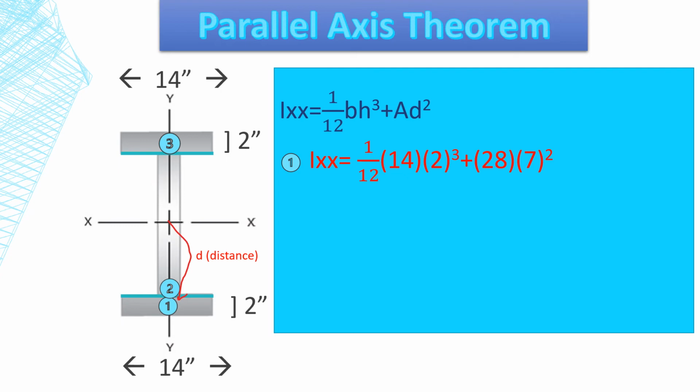And then the distance is going to be half of the second section and then half of the height of the first section, which is 7 inches squared.